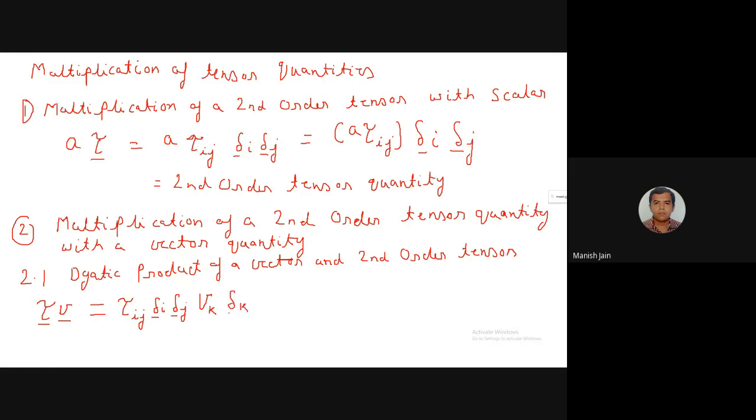When you take the dyadic product, you have to multiply the magnitudes and multiply the directions. So you have tau ij Vk del i del j del k. This is a third order tensor quantity. Here you have three directions.